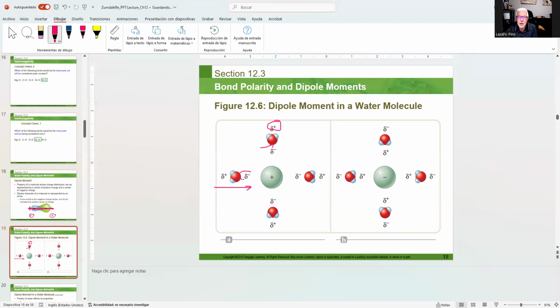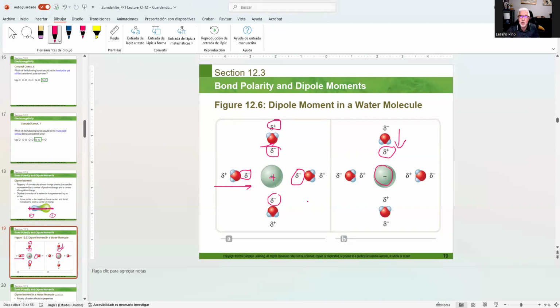The negative part is close to the cation that is positive, as you can see, and in the opposite way, when we are in front of an anion, the positive part of the water molecule is in the direction of the anion.